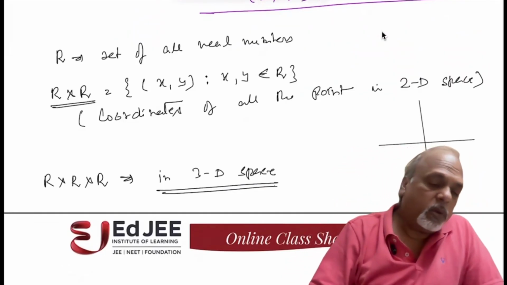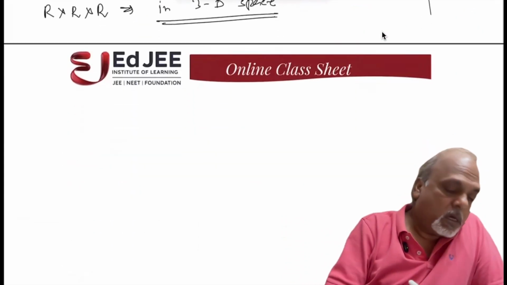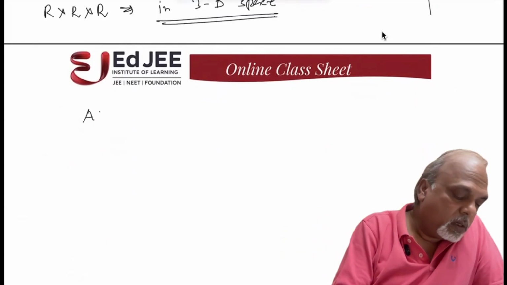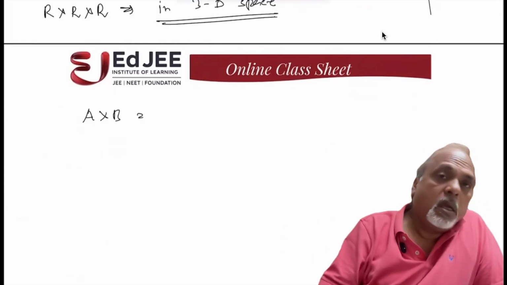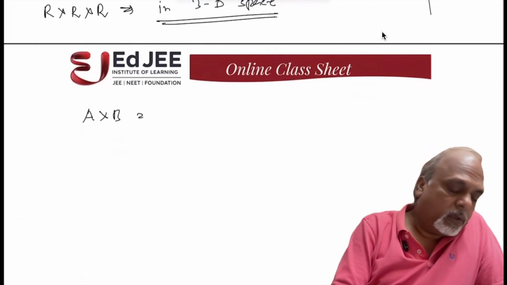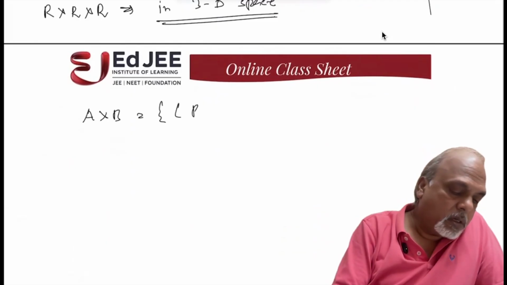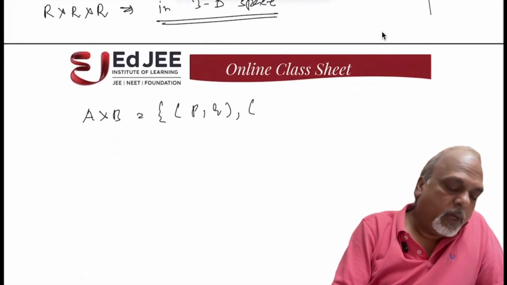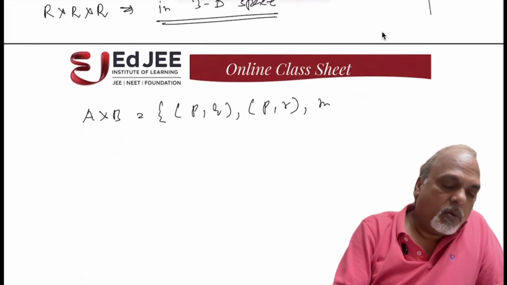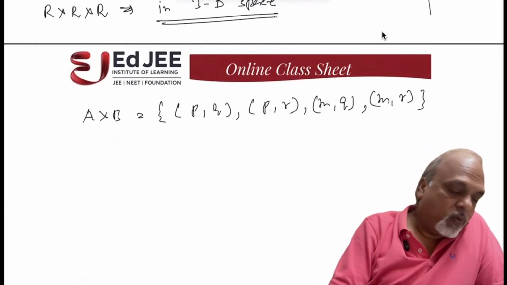Now, if you are given A cross B as PQ, PR, MQ, and MR, then what is set A?